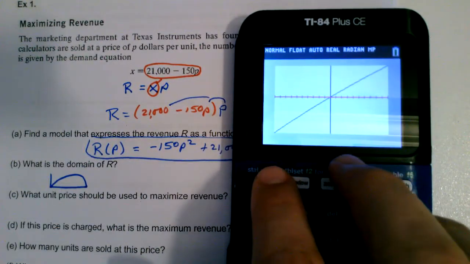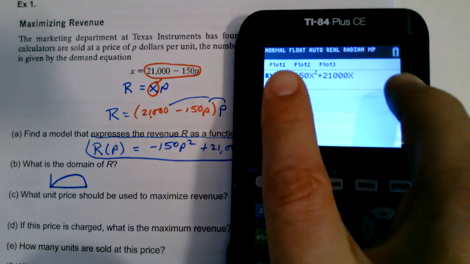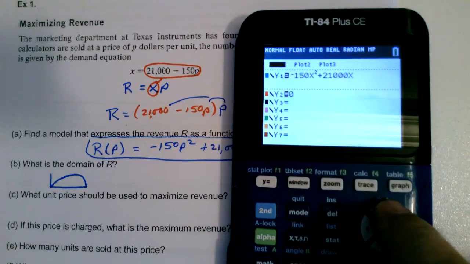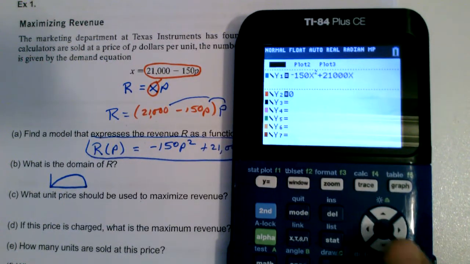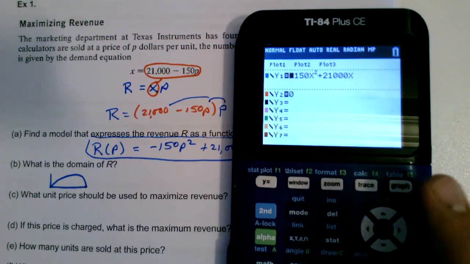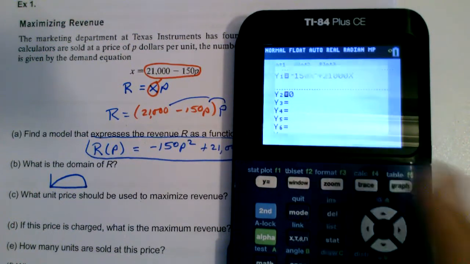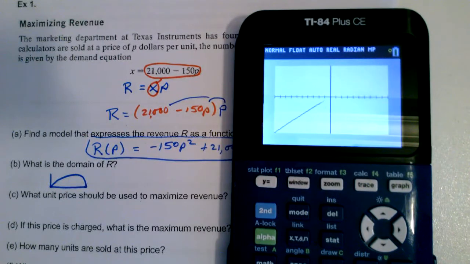If you're getting a dim mismatch, go up to your plots and make sure your plots are off. So if your plots are on, go to y equals and turn them off and see if that works. And just use your microphone. Let me know if it works. Anybody else having issues? Anybody else not getting this graph? I'm in zoom 0.